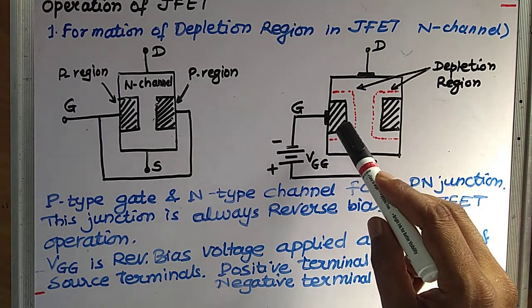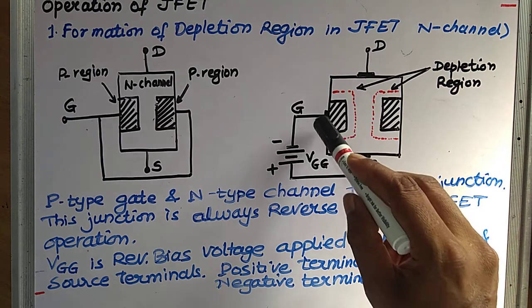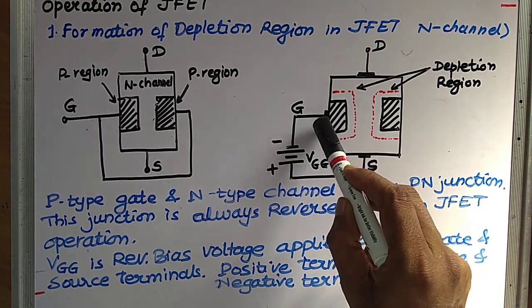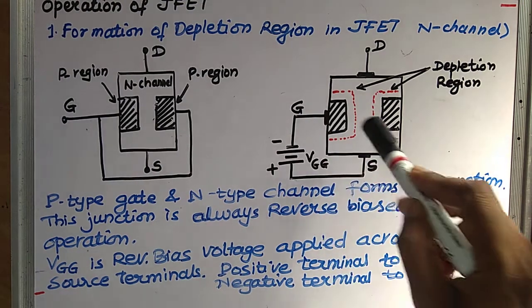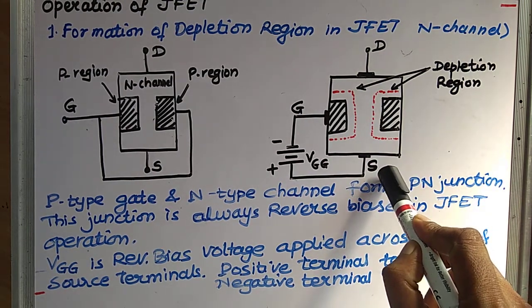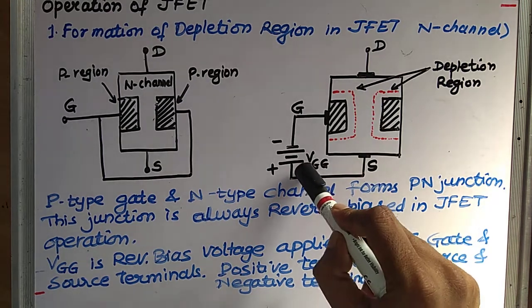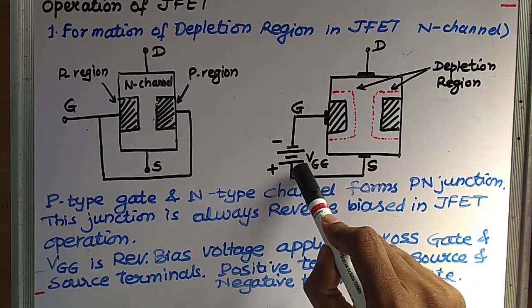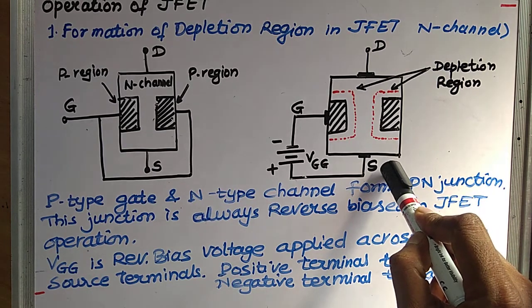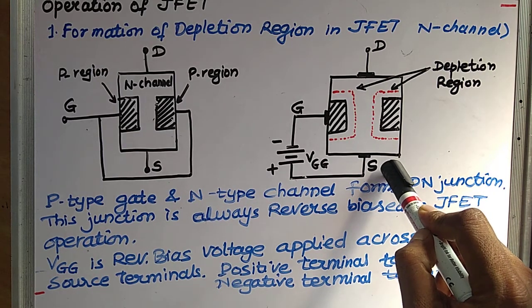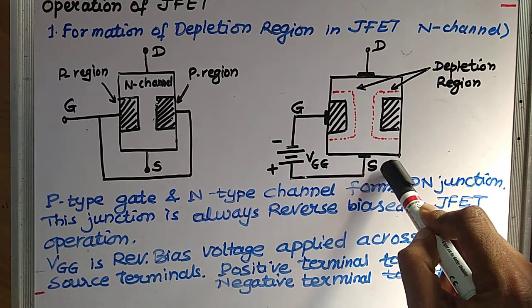So p-type is connected to negative terminal of battery and source is N-type connected to positive terminal of battery. In this way, gate to source is reverse biased, and by applying this reverse bias, the JFET will properly work.